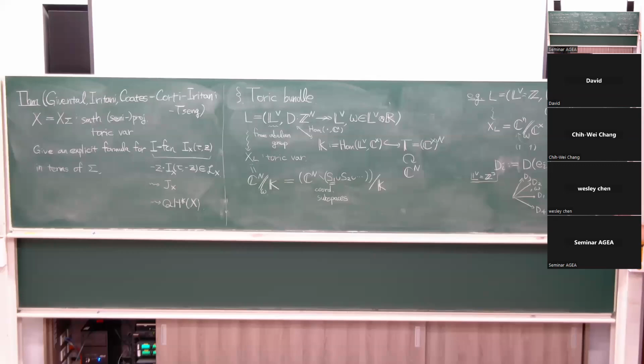Does it make sense? Yeah, so for this case, now L is Z, so all the D_i are just one. Omega is also located on them. So the biggest subset satisfying this condition is, in this case, just the empty set.